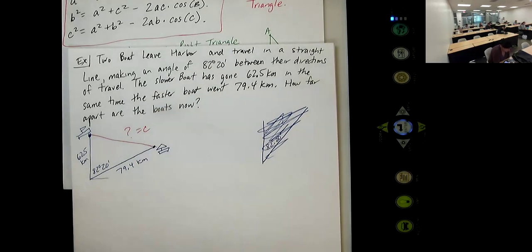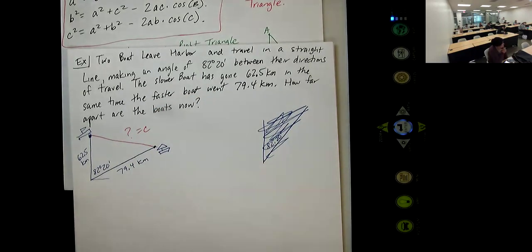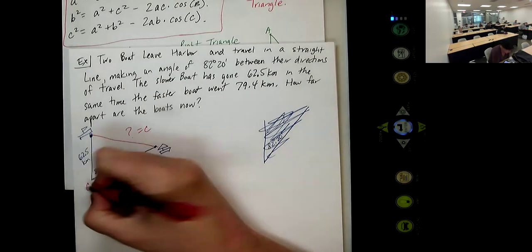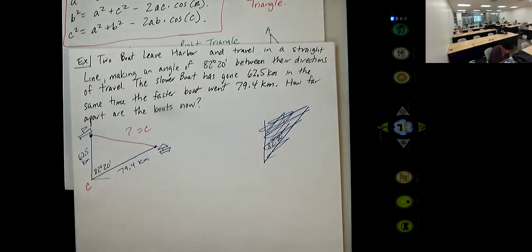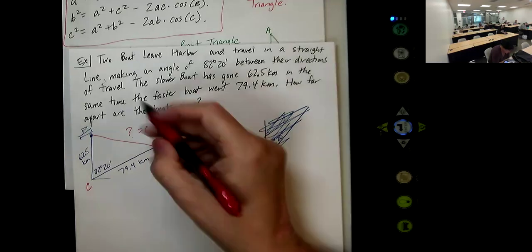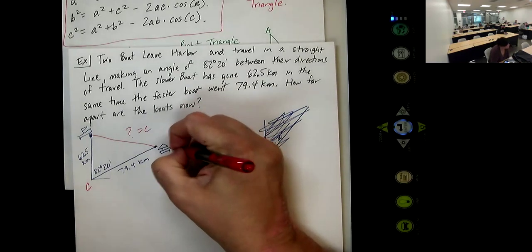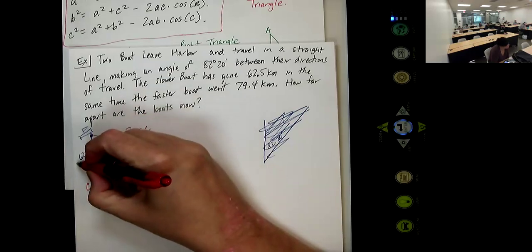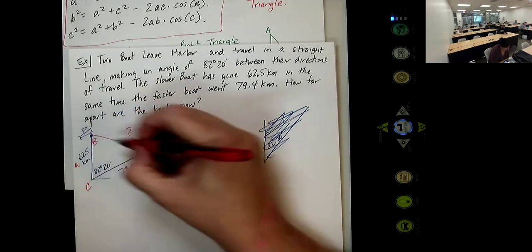Call that C, which would make this angle C. If it helps, we can label these angle A with side A, and angle B with side B.